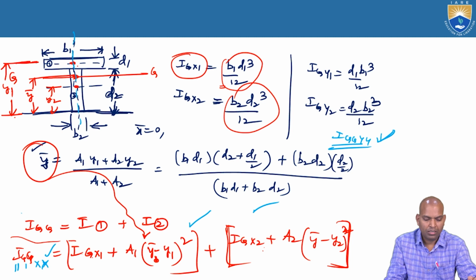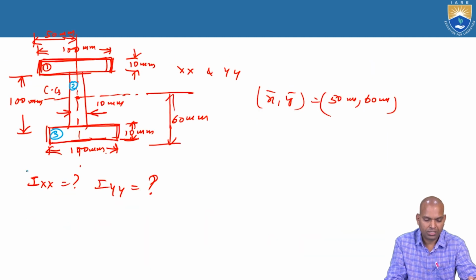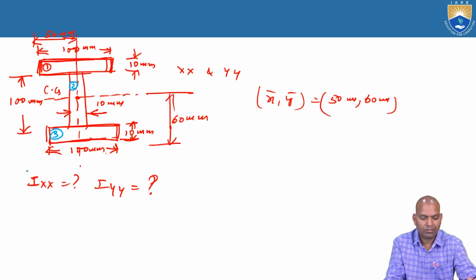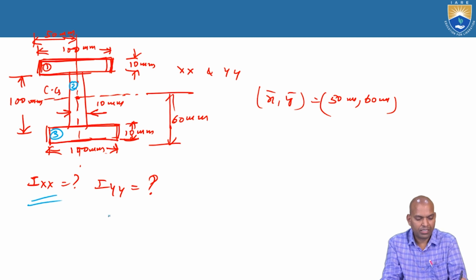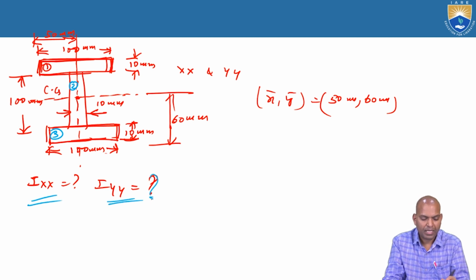We also discussed the I section. For calculating IXX and IYY for such sections, the expression of the parallel axis theorem will be modified. Alright, we're going to solve that in the next session.